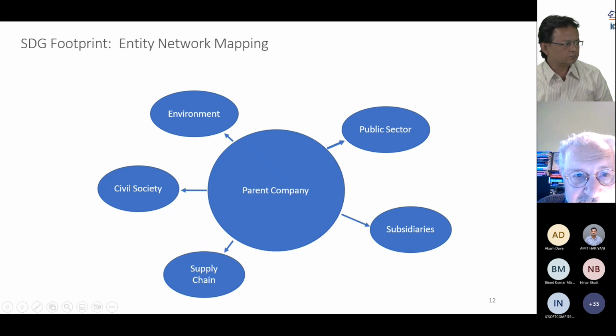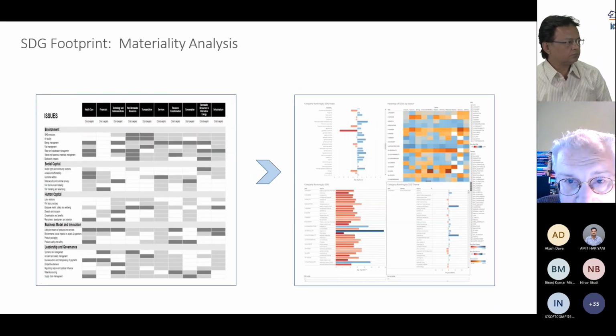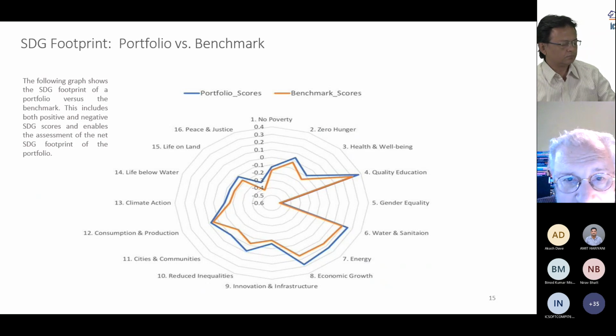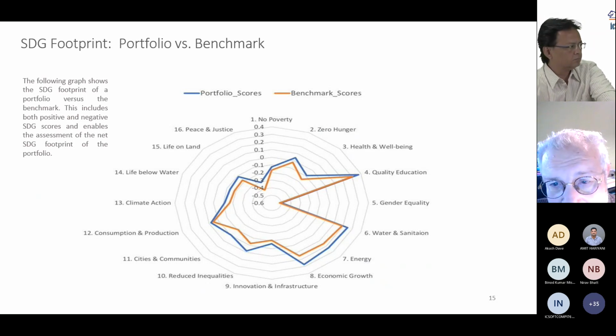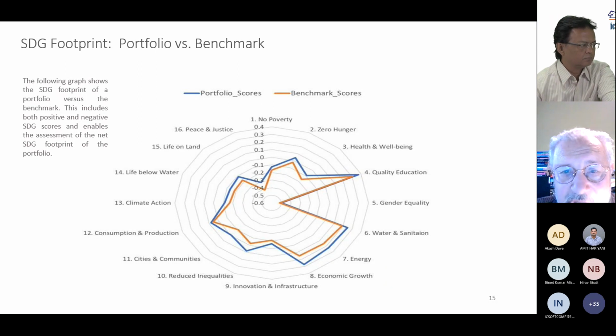You can see here the relations of the company to the other sectors, including government, environment, society, subsidiaries, and so on.